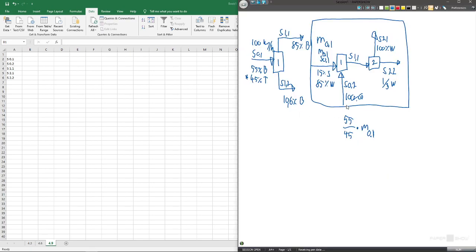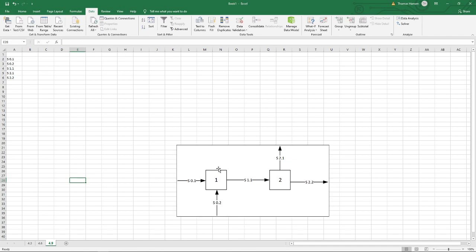Did they end up looking mostly the same? Yeah, so I have the sketch of the system here, just so we know which streams are which. And again, we have our total, our solids, our water, and our glucose. And then we have our percentage of solids, our percentage of water, and our percentage of glucose.